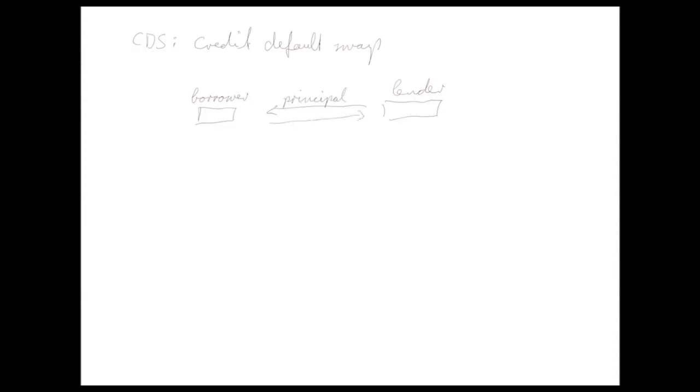And this guy will pay back that principal eventually and make some interest payments. Okay? Now, the CDS contract is a contract between the lender and the CDS counterparty. So let's call this counterparty. And this is the CDS contract here.